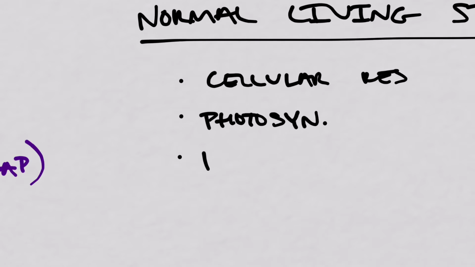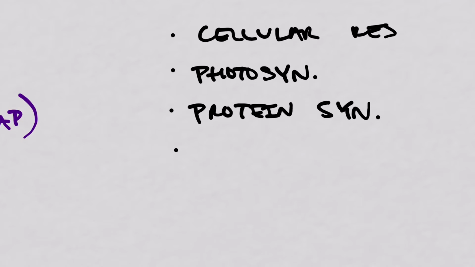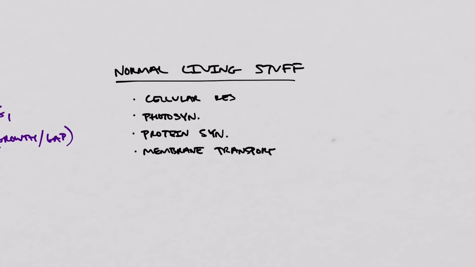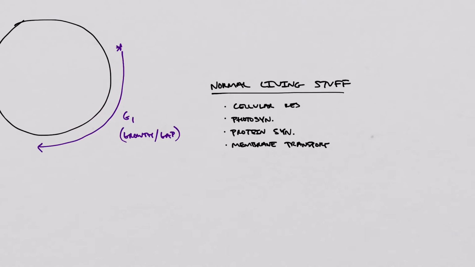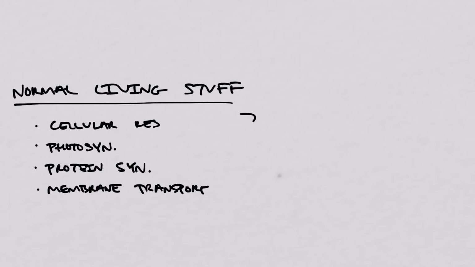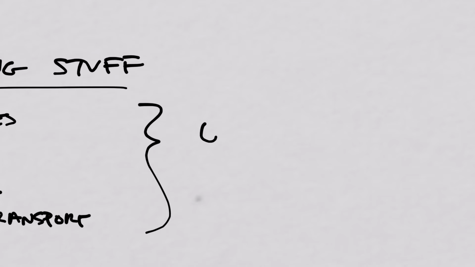There's always protein synthesis. Membrane transport. So all the normal things that a cell needs to do to stay alive are happening during this G1 phase. And overall, I know I said it before, but I'm going to include it again right here, it's also growing in size.